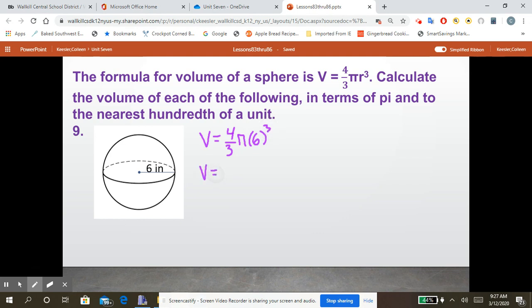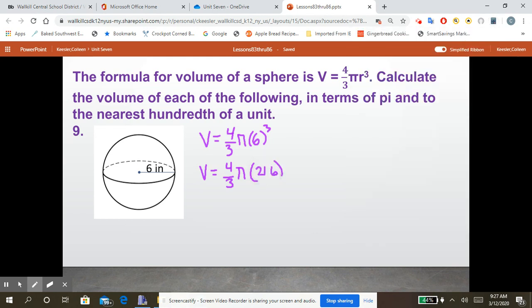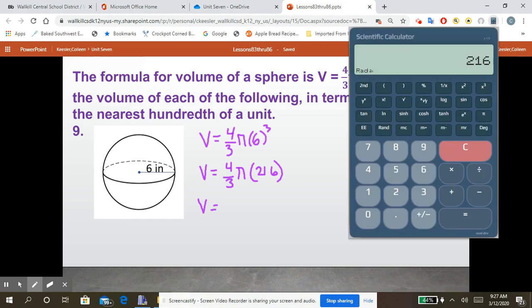So volume equals 4/3 pi times 6 times 6 times 6, or 6 to the third is 216. Now we have 4/3 here, so remember the trick to multiply by a fraction is to divide by the denominator and multiply by the numerator.